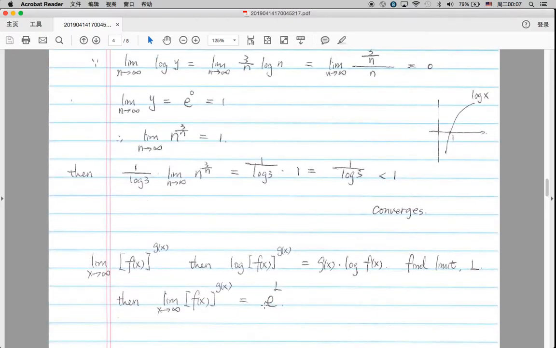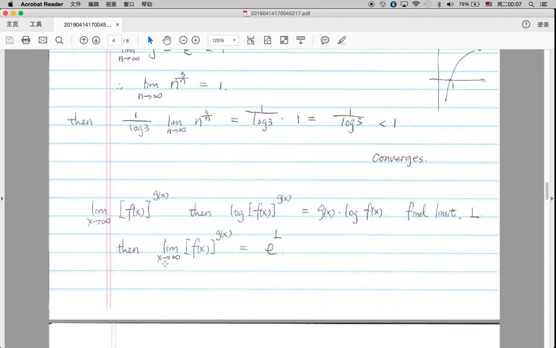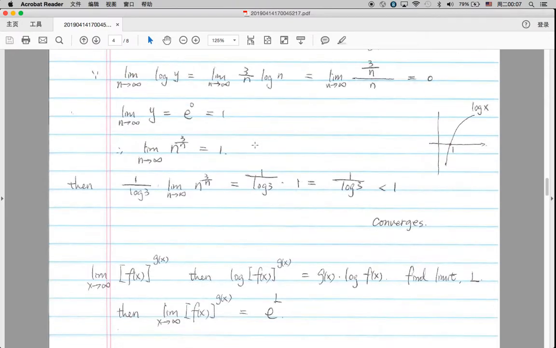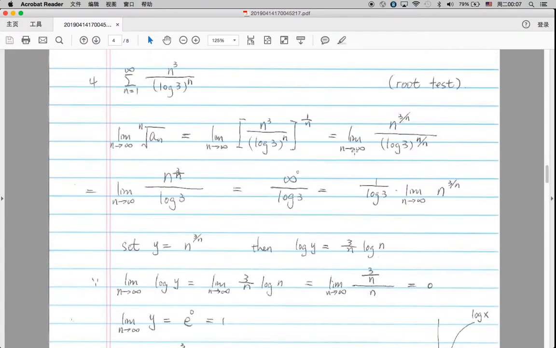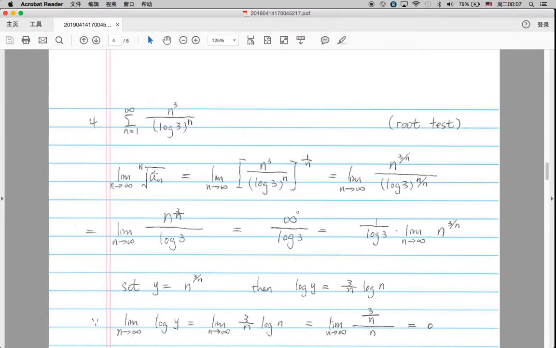At the end, we take the exponential of the limit, and this gives us the limit of our original expression. So these are the two techniques we use for these examples, using the root test to check convergence.